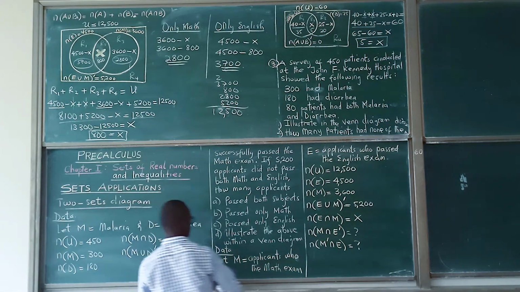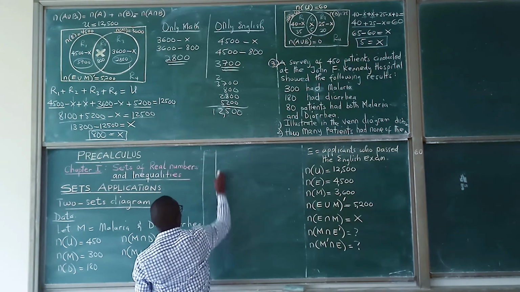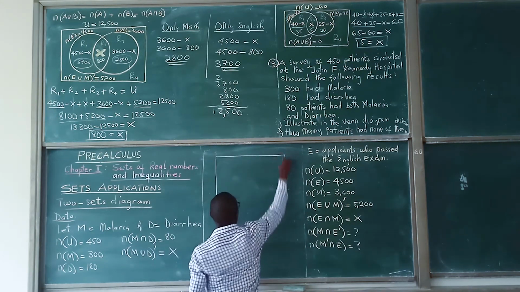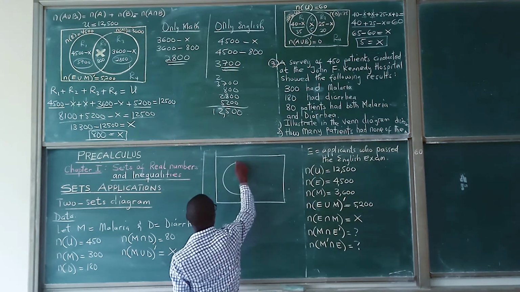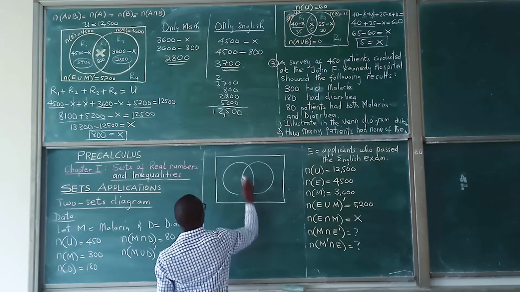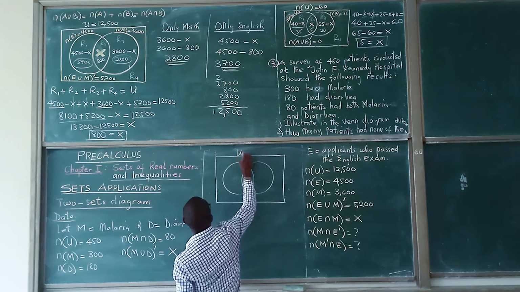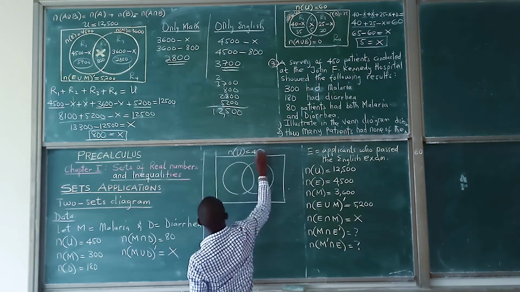So let's illustrate this in a Venn diagram. If we sketch a Venn diagram and have 2 circles in this Venn diagram, we know that n(U) is equal to 450.